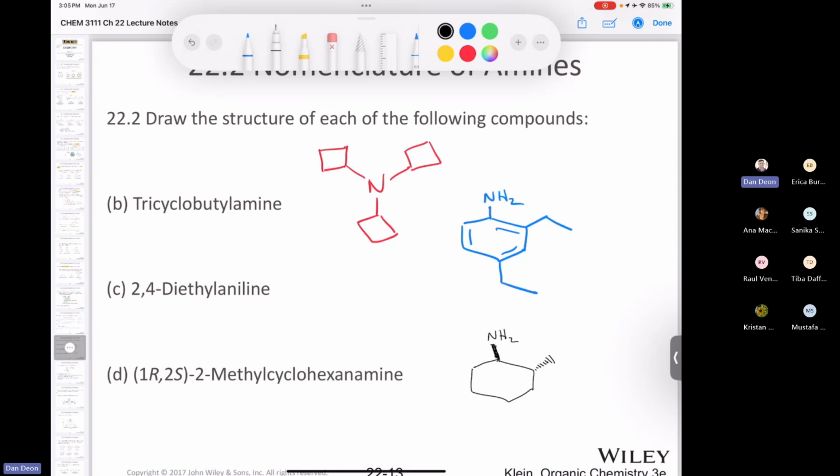Let's try it again. We go from 1 to 2 to 3, so that's 1R, and then 2S. No, hold on. 1 to 2 to 3. So 1 is R, and then for 2, we go from 1 to 2 to 3. That's going this way, so that's S.